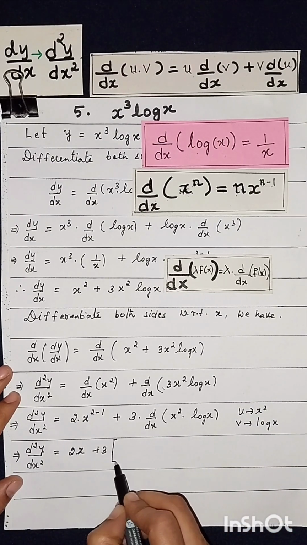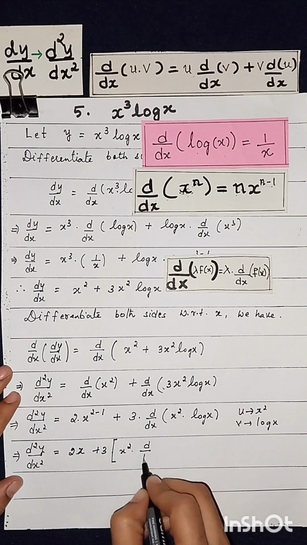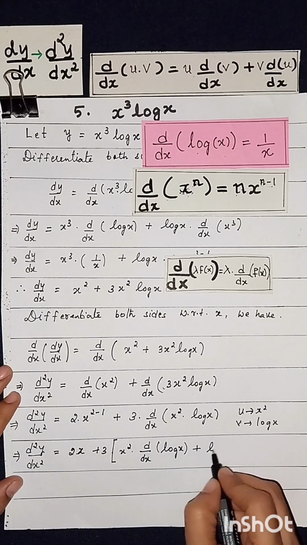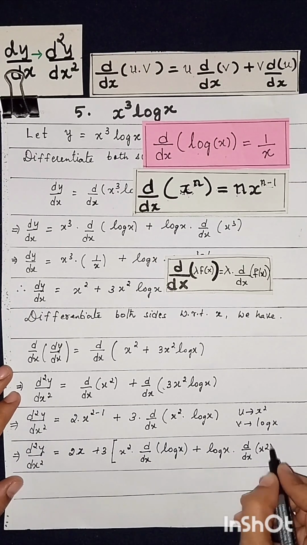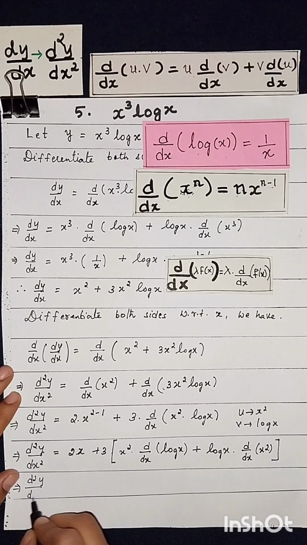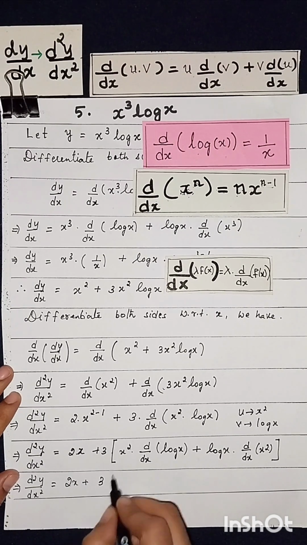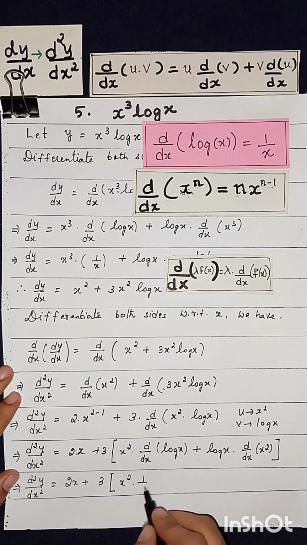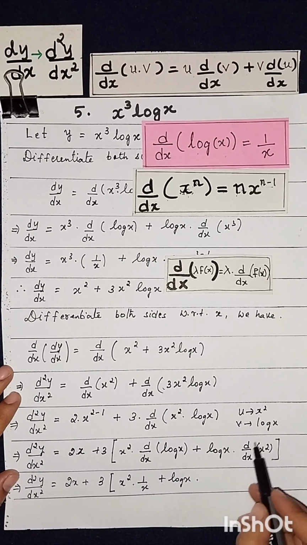Now how we will differentiate? Let us write down that x square into d by dx of log x plus log x into d by dx of x square. Now this implies d square y by dx square is equal to 2x plus 3 into x square. Derivative of log x is 1 by x plus log x into derivative of x square.